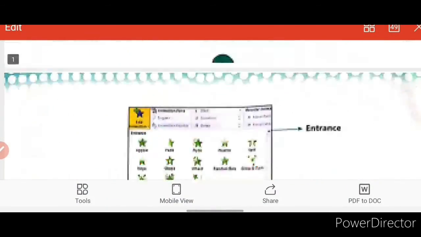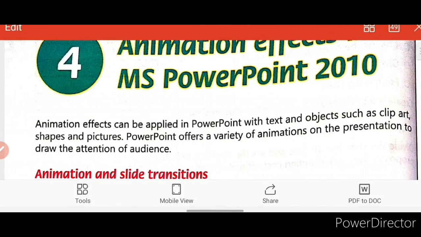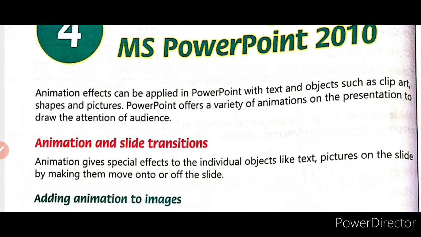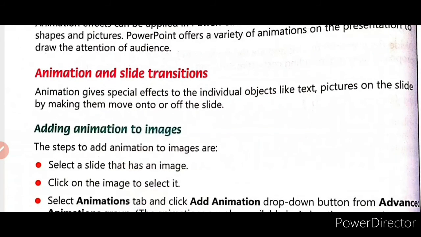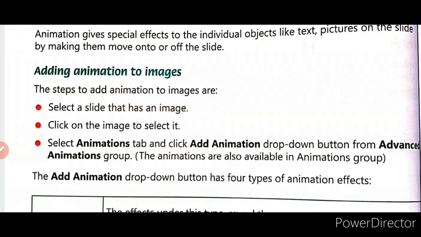This lesson is regarding the animation effects in MS PowerPoint 2010. Animation gives special effects to individual objects like text and pictures on the slide by making them move onto or off the slide. Clear? Next we have seen how to add animation to images, for which we performed certain steps.